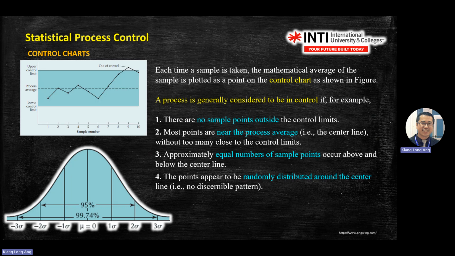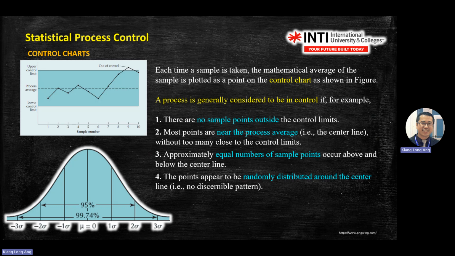Third, approximately equal numbers of sample points occur above and below the center line, meaning an equal number of points. This is the mean point. So 1, 2, 3, 4, and 1, 2, 3, 4, for example. You have an equal number above and below, so this one is in control.